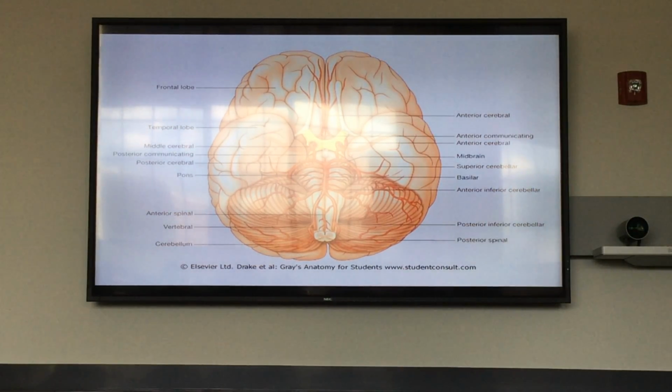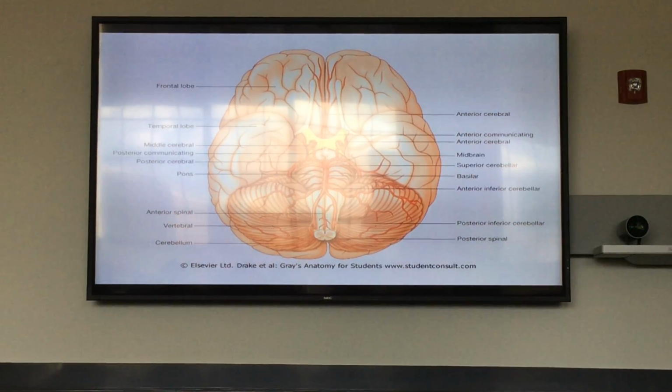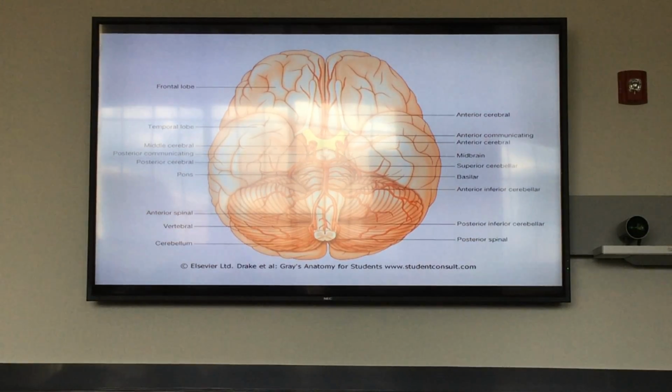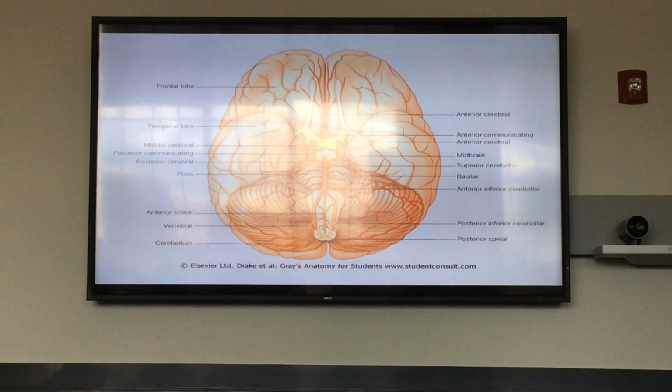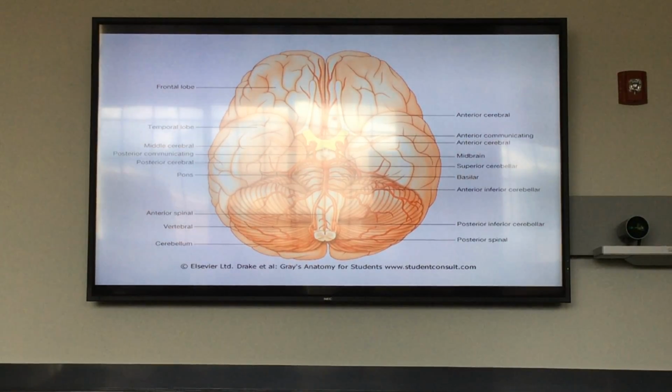And that internal carotid artery will give off 2 major branches. It'll give off an anterior cerebral artery. What's that? Am I really going too fast? I'll slow down. You can see it right here. Look. It'll give off an anterior cerebral artery that'll travel along the medial aspect of the hemispheres.